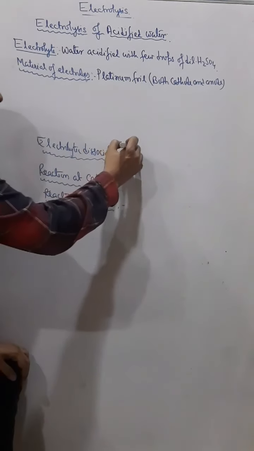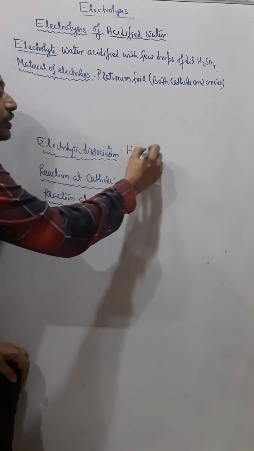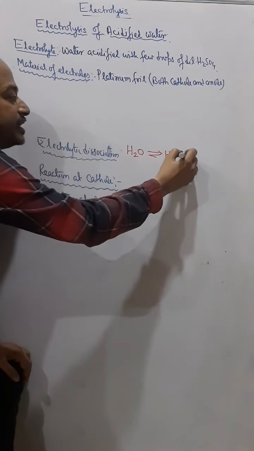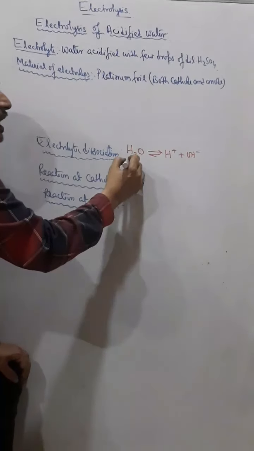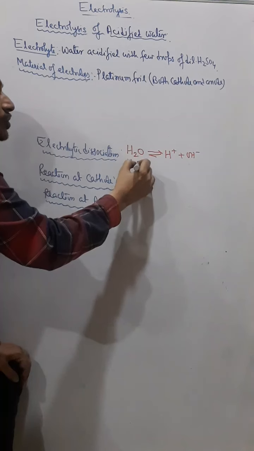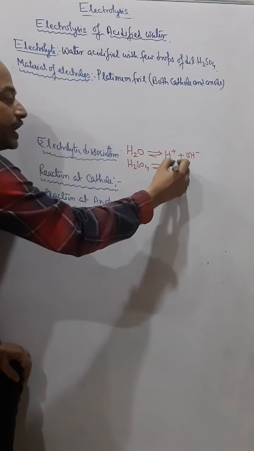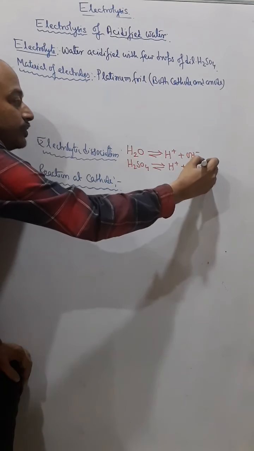Electrolytic dissociation: here water will dissociate as H+ and OH-, and H2SO4, sulfuric acid, will also dissociate as H+ and SO4 2-.